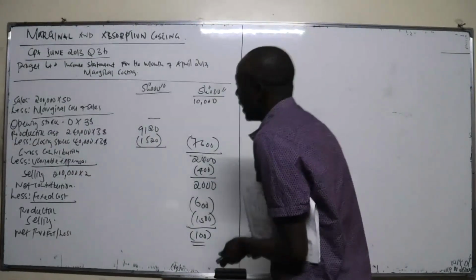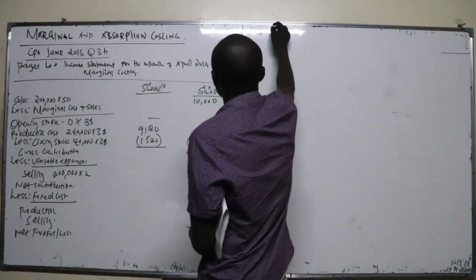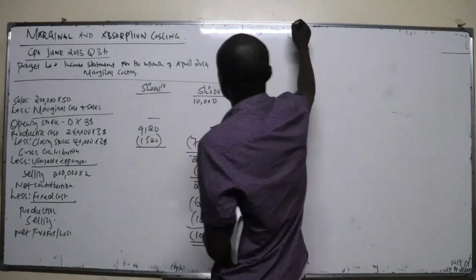And then you come here and write Proget Limited. Proget Limited. Income statement for the months.